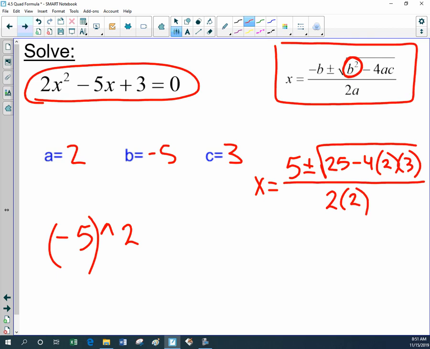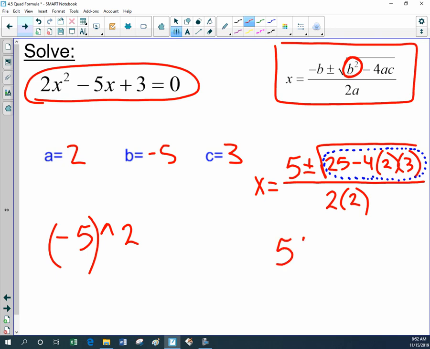Okay, from here, here's what I want you to do. I want you to type this part right here into your calculator. Don't include the radical. Just type in what's inside the blue here. Get that number, and then here's what we're going to have.